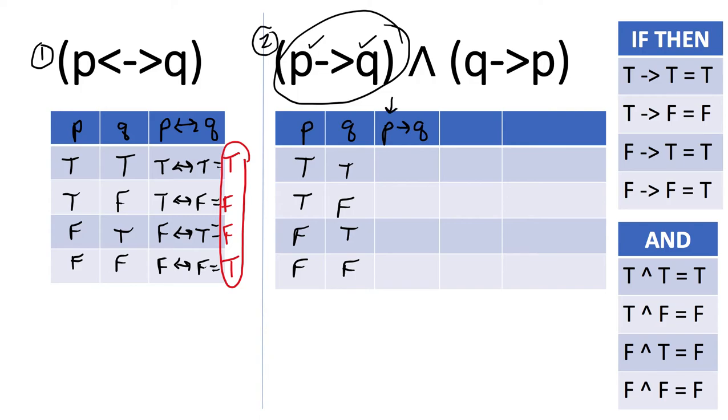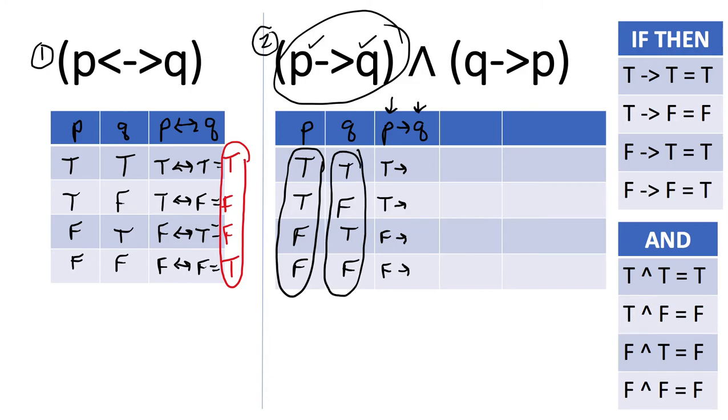So underneath the P, I'm going to copy the P values. So T, T, F, F. I'm going to put my arrow. And then underneath the Q, I'm going to copy the Q values. So T, F, T, F.